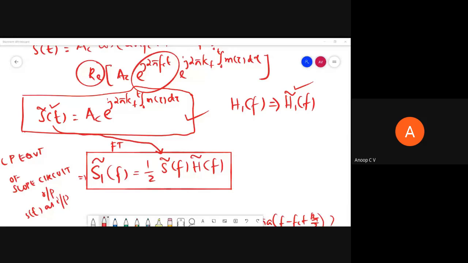So, are you able to follow this? That's my question. If you are not able to follow, I take it as my mistake. I should have explained it in a different way. So please feel free to tell whether you understood something. Yeah, somewhat I understood, sir. Somewhat you understood.